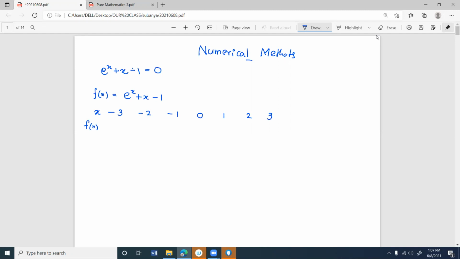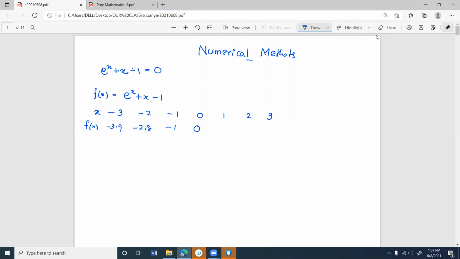I can get help from my calculator to get this answer, starting from minus 3 to plus 3 in steps of 1. If you get these answers, you can see this is minus 3.9 and this is minus 2.8. It's minus 1. If I put 0, it's 0.